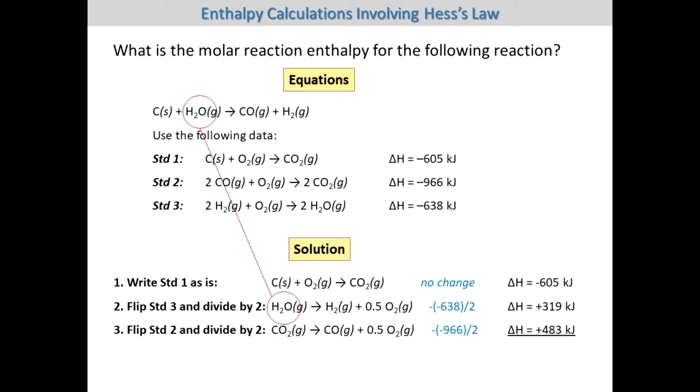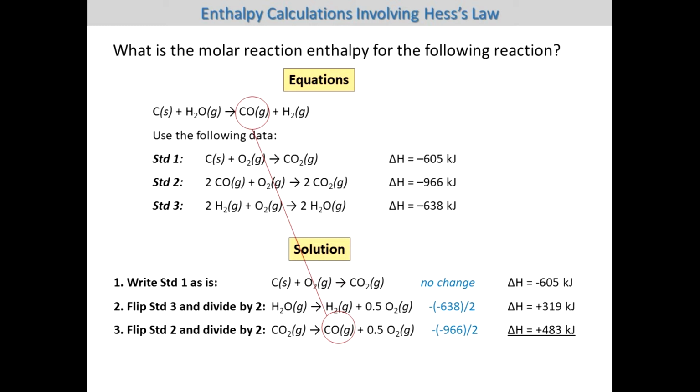So now that I have my two reactants, I will check to see whether or not my products are located on the proper side. I notice neither standard equation 1 nor standard equation 3 will give me the products. Therefore, I use standard equation 2 so that I can locate carbon monoxide on the product side.